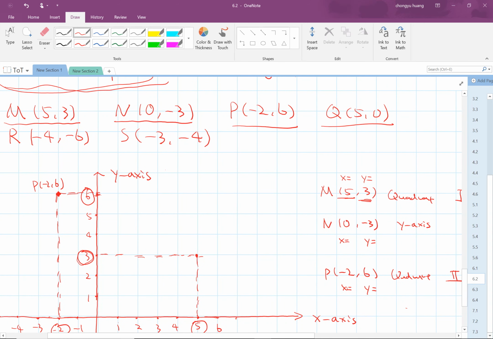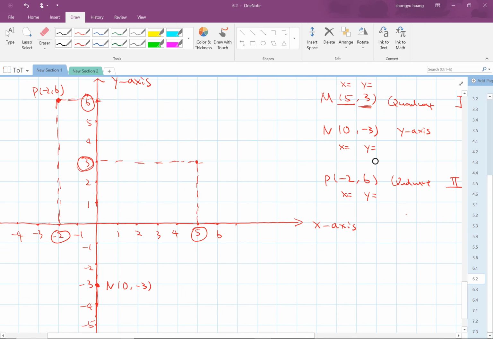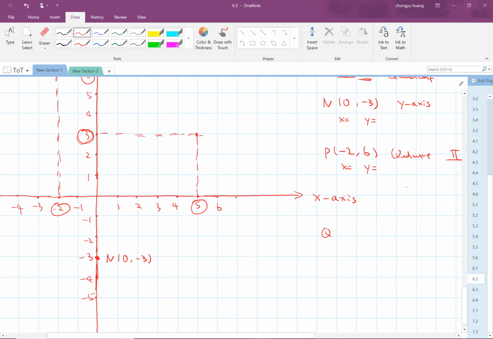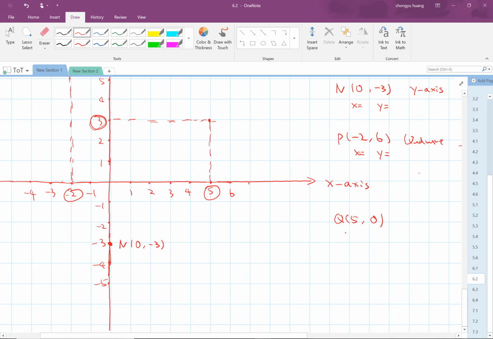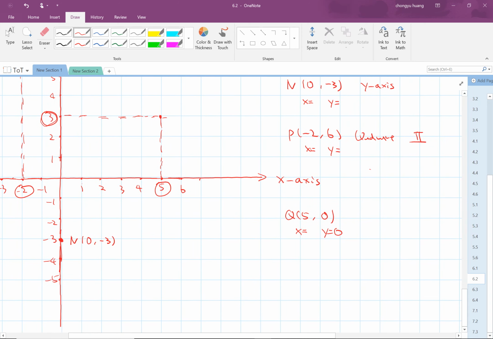The next point is Q, (5, 0). Let me write it down, excuse me. You can see we have x equal to 5, y equal to 0. So obviously this point has to be on the x-axis, because y is equal to 0.